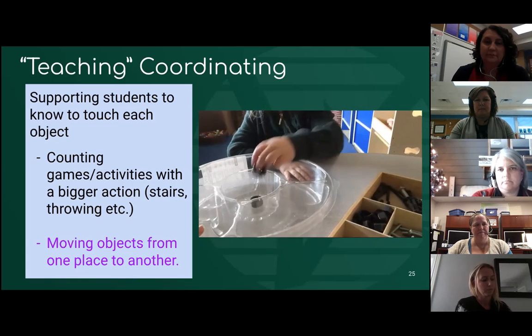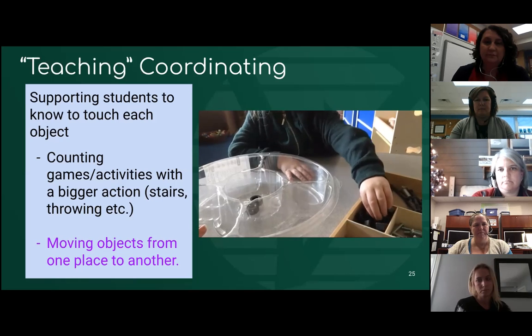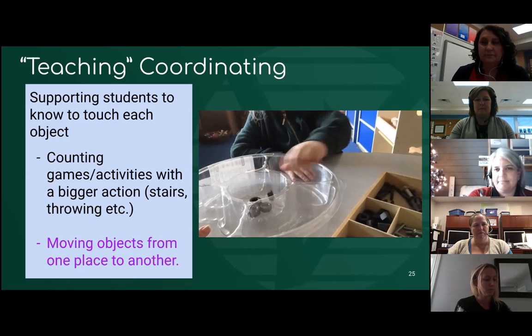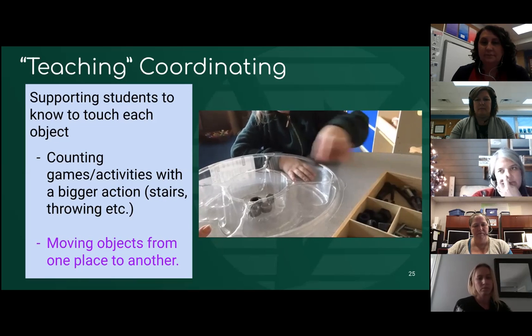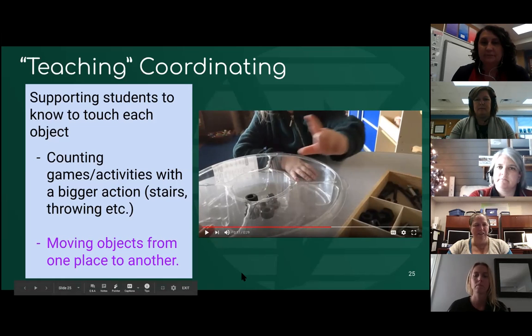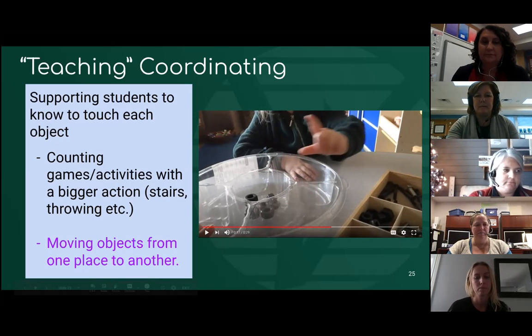Count 10. 1, 2, 3, 4, 5. All right, you get the idea. So that type of activity is pretty straightforward to set up, but it does really draw their attention to coordinating the word with the action.